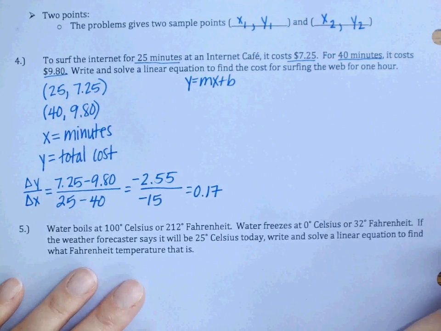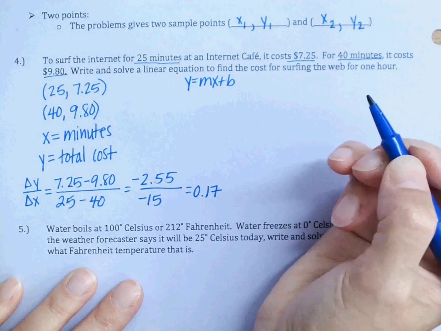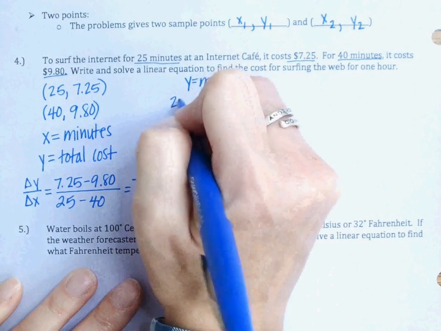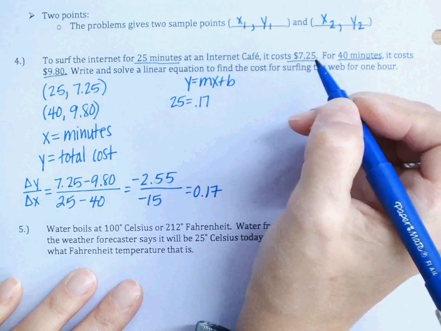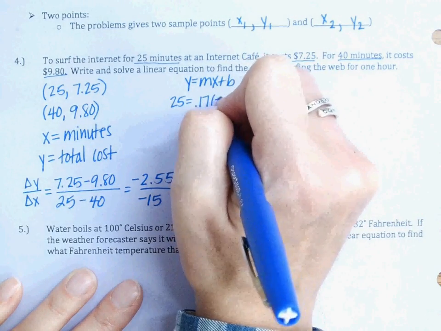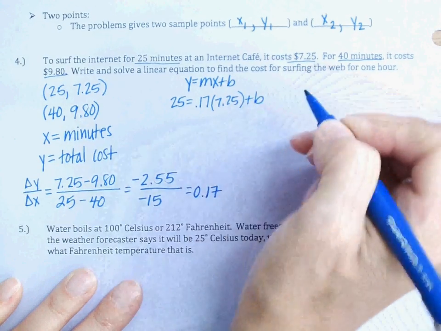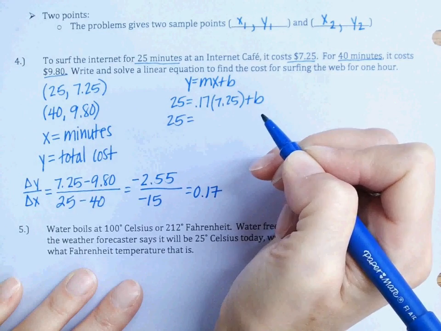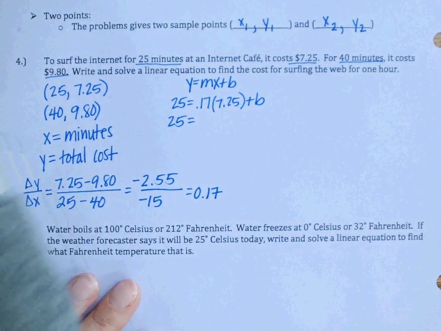So when I do this, I'm going to pick one of these points. I'm going to pick the first point. So I'm going to put 25 in for y, 17/100ths in for m, and $7.25 in for x. And then we start simplifying. 17/100ths times, you know what, I thought I did this backwards.